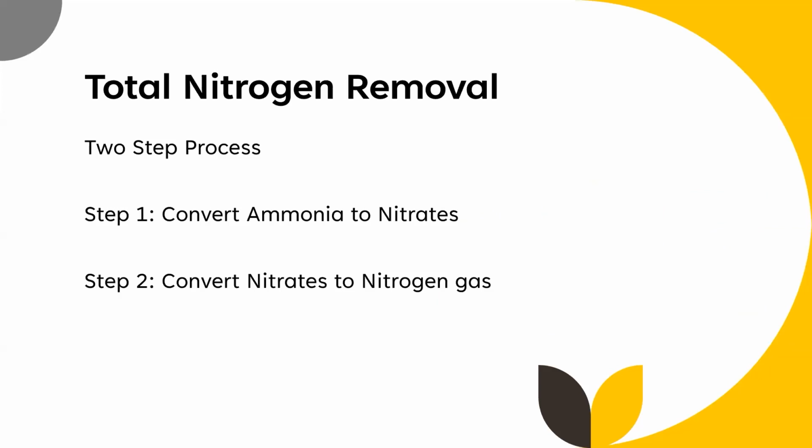All right, going to go back to total nitrogen here. For total nitrogen removal, again, keep in mind it's a two-step process where step one, you're converting ammonia to nitrates. So you have dissolved ammonia, it turns into dissolved nitrates. Step two, you convert nitrates, which are dissolved in the water, to nitrogen gas. Once it's converted to nitrogen gas, it goes back into the atmosphere, not your problem anymore.